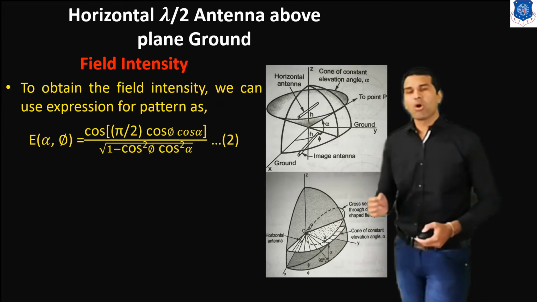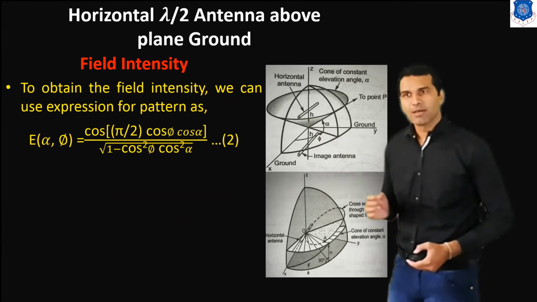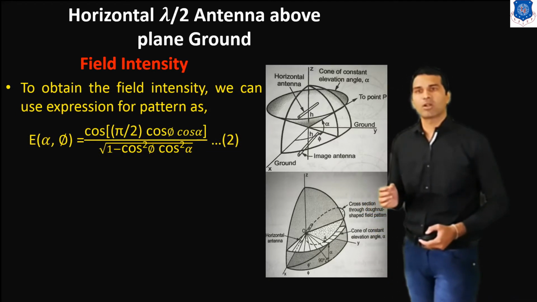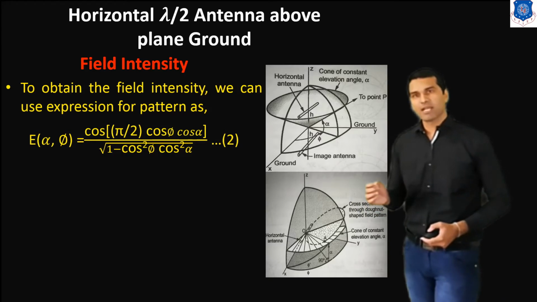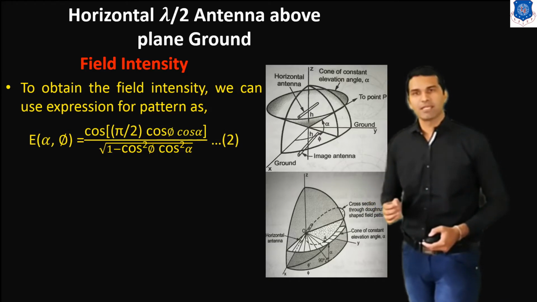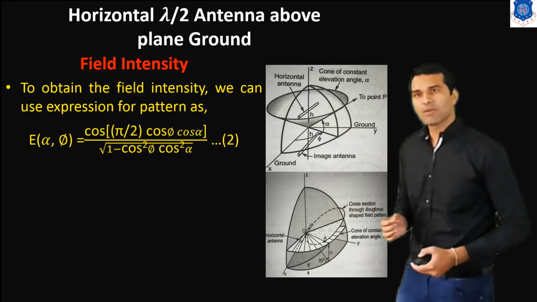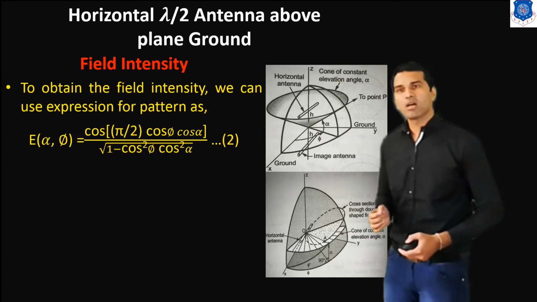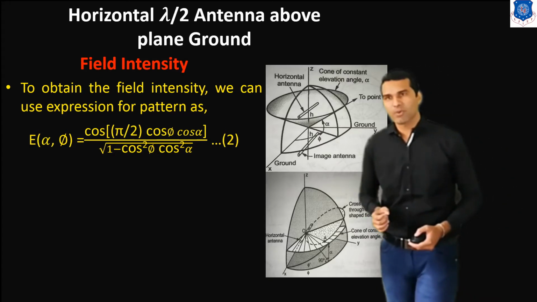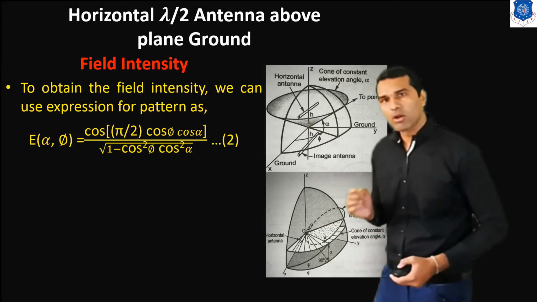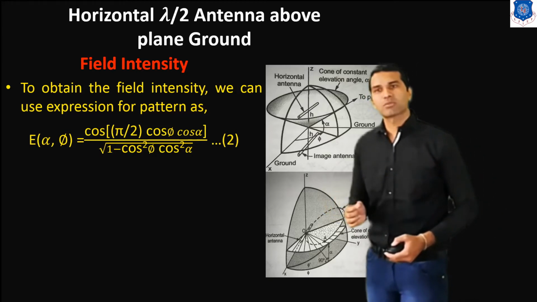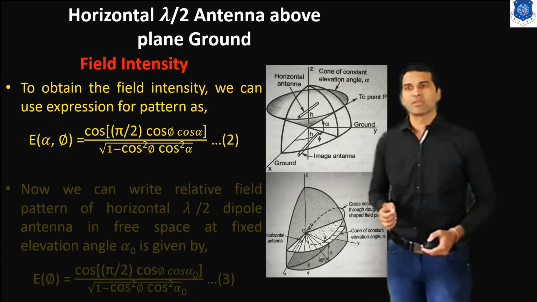Now to obtain the field intensity, we can use the expression for the pattern. So we can write the field intensity E(α, φ) = cos(π/2 cos φ cos α) / √(1 − cos²α).